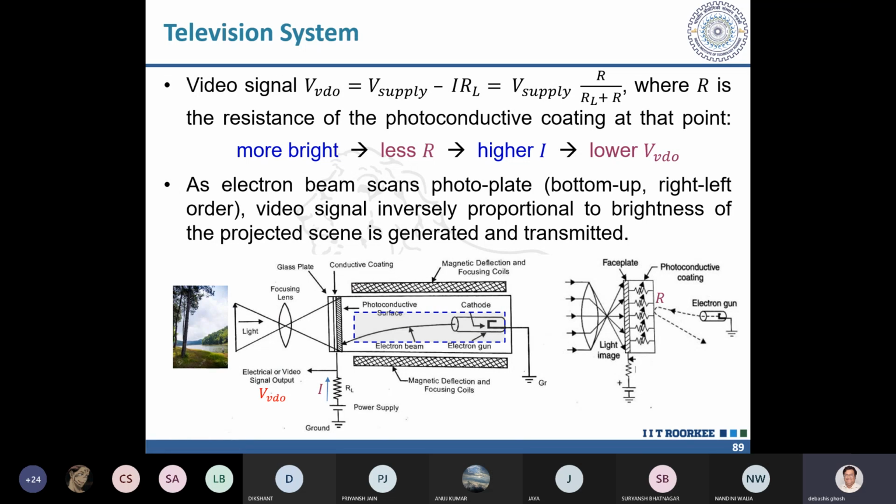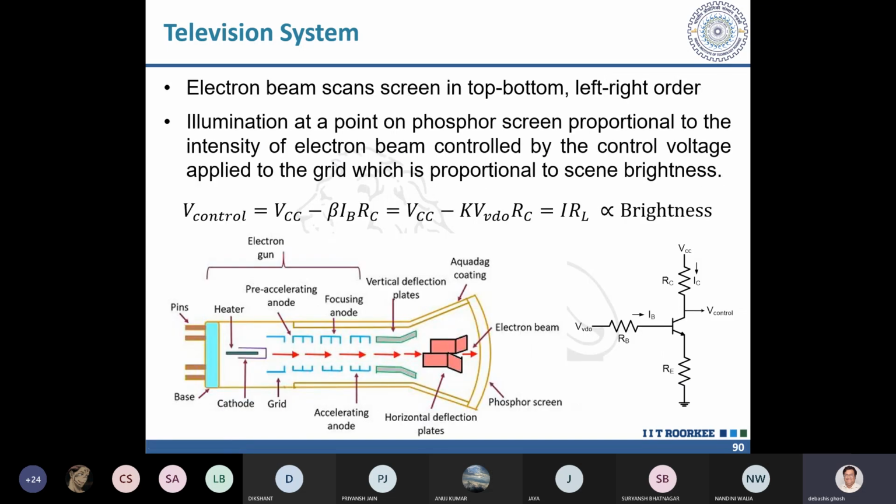Now if this V supply is more or less equal to this VCC, then they cancel out, and you get this V control equal to IRL. You can make it like that by adjusting your K, your VCC, and your V supply.